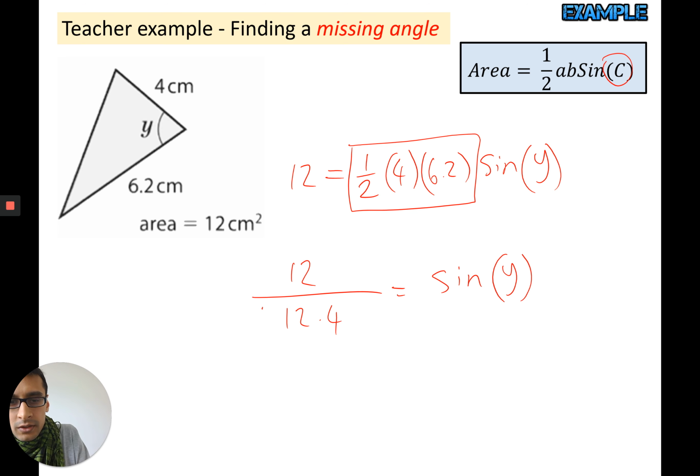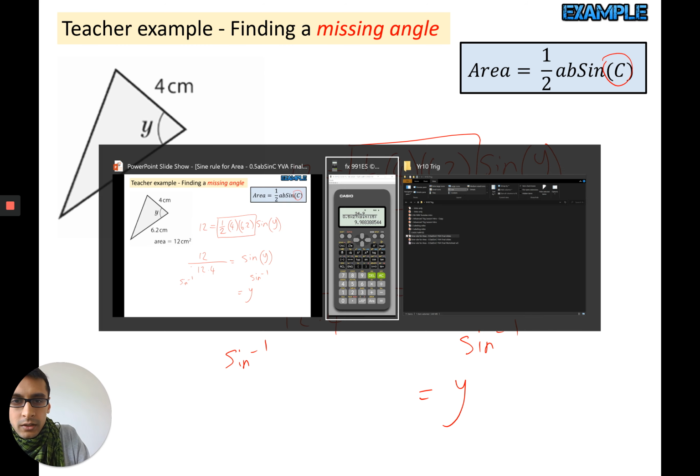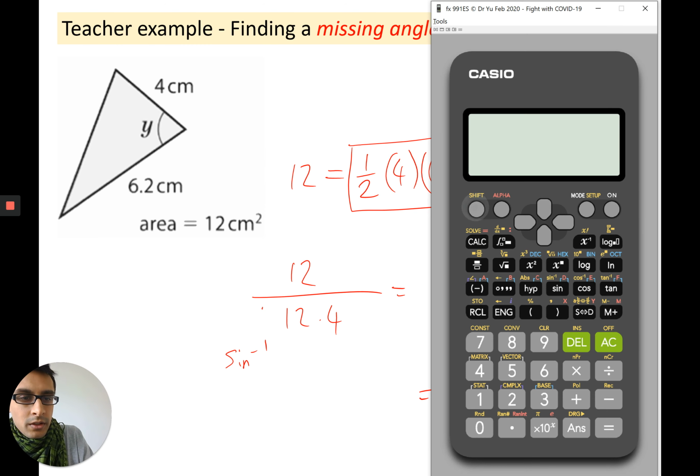At this point, you just do the sine inverse of both sides. So you get Y is equal to, on your calculator, shift sine, sine inverse of 12 over 12.4.